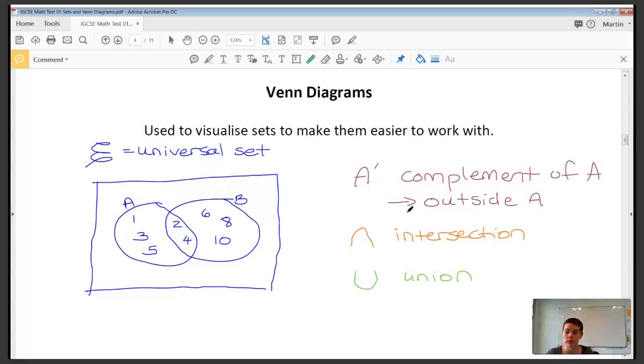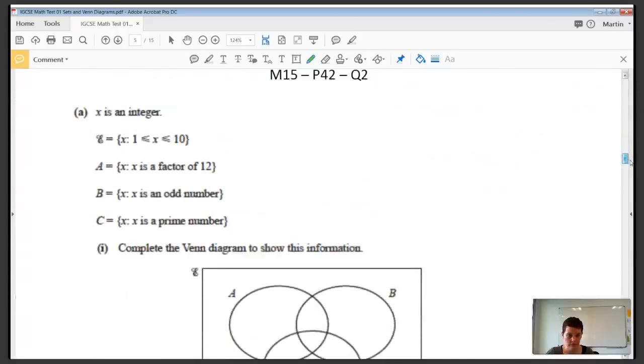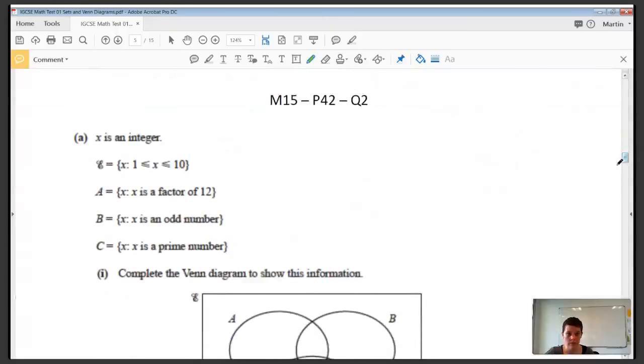So let's move on to some actual questions and see how this translates into actually doing maths. So this is from the March 15 paper. So these are all IGCSE maths papers, and it is the Cambridge International Syllabus.